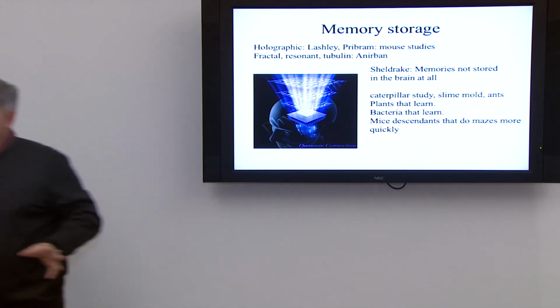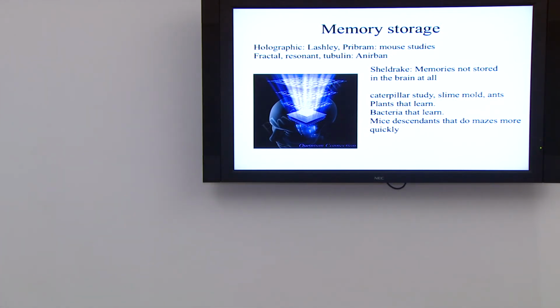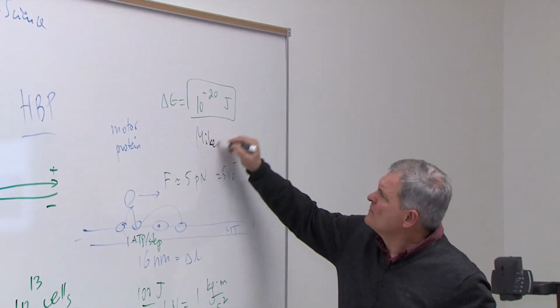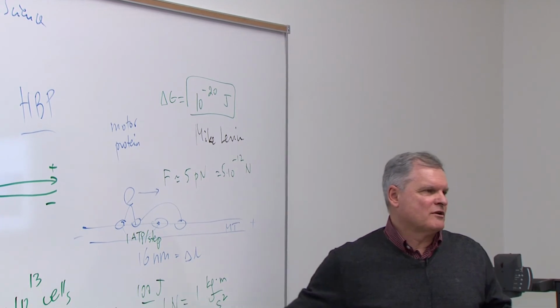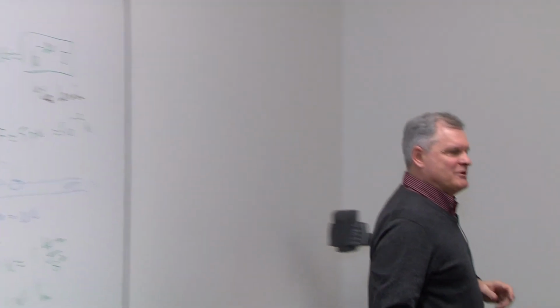I just want to mention to you, to throw some kind of curiosity into it. There's a scientist called Mike Levin at Tufts University in Boston. He did experiments with worms that have brains, and he decapitated these worms.